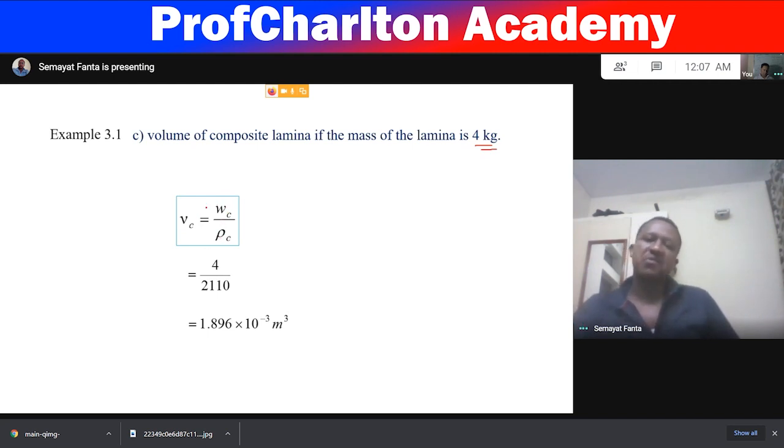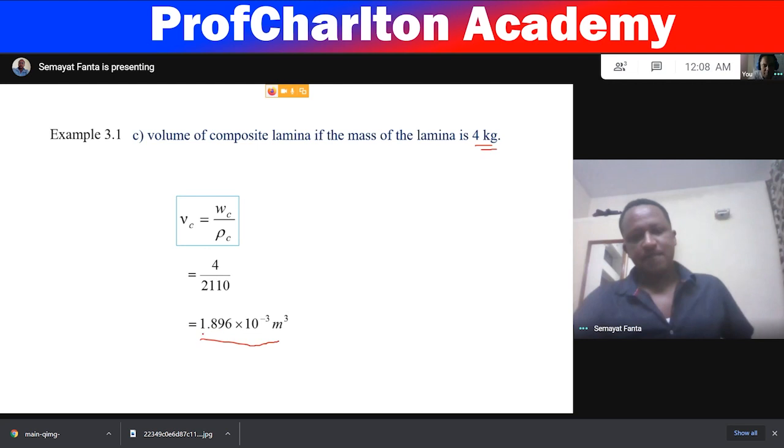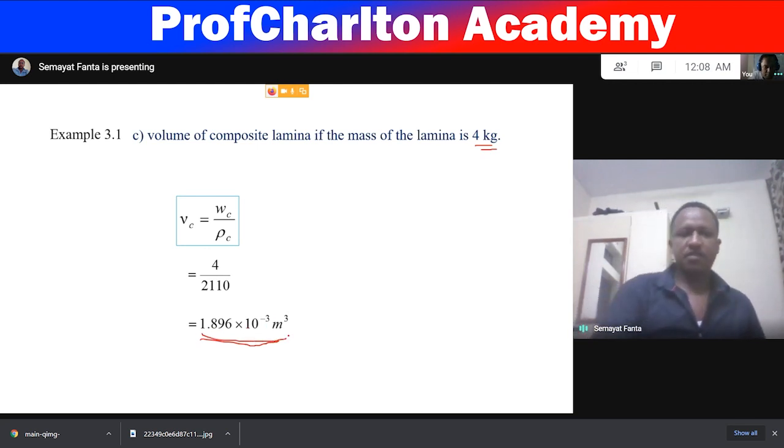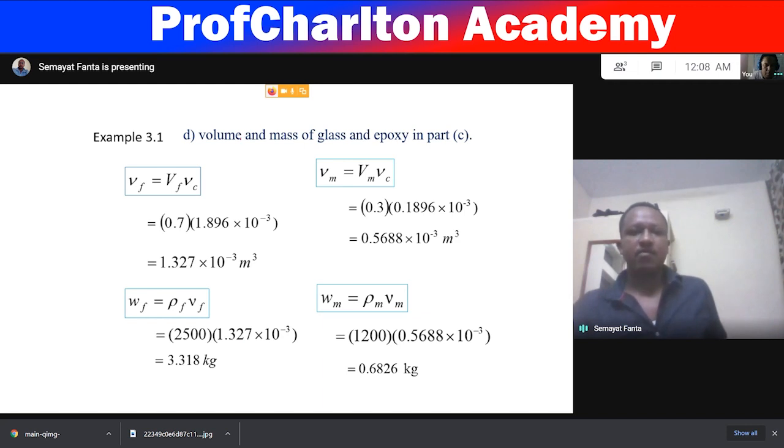So the weight is equal to density times volume, as we know, which is 1.896 times 10 to the power minus 3 meter cube. That is the weight. Once we get the weight, we can calculate the volume and mass of glass and epoxy.